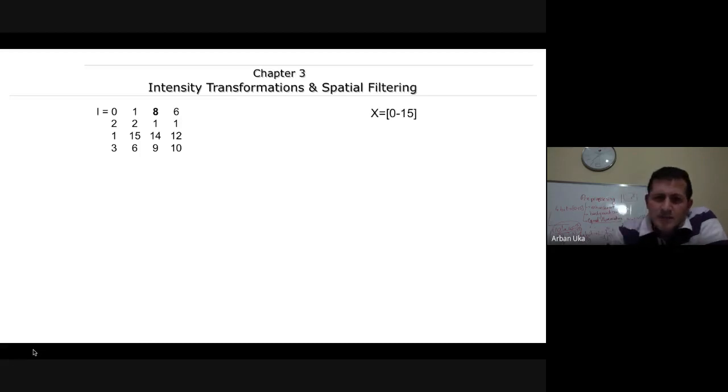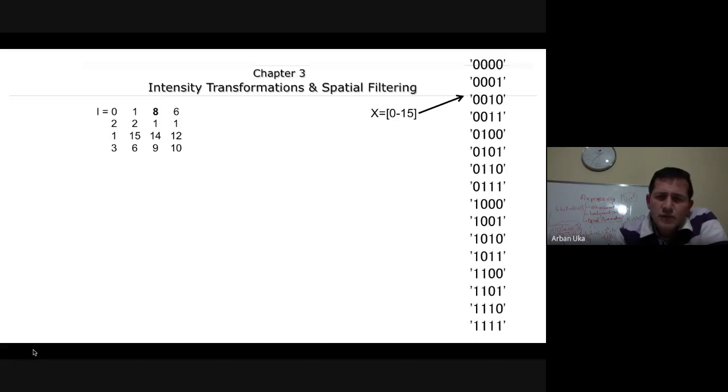Now, if we have a 4-bit image, the values are going to change from 0 to 15, and they are in this matrix, which is 4 by 4. All these 15 different values are shown using this representation: 0000, 0001, 0010, 0011. So these are all their respective values.